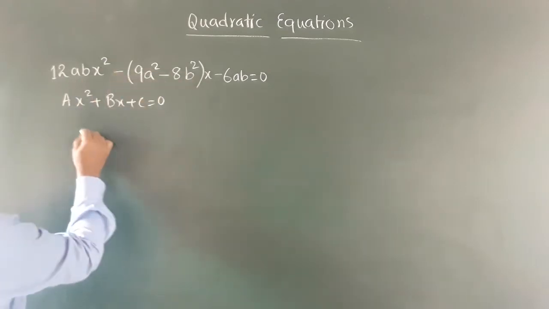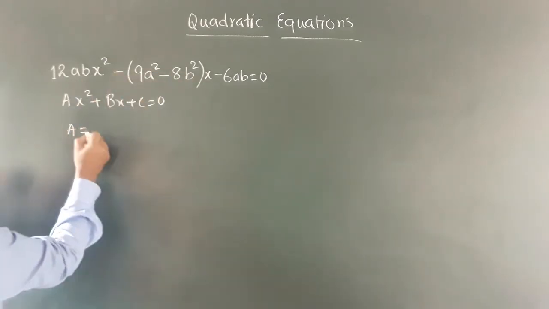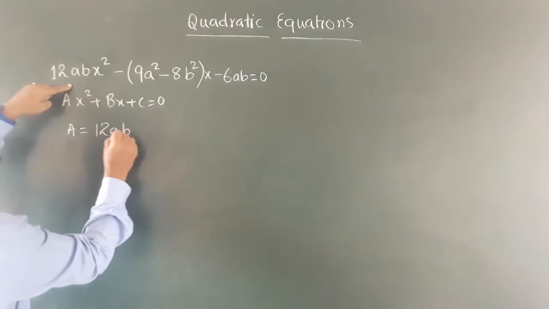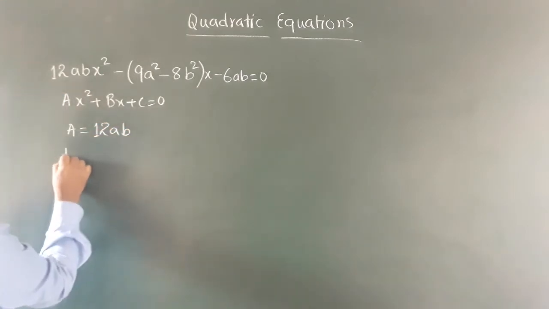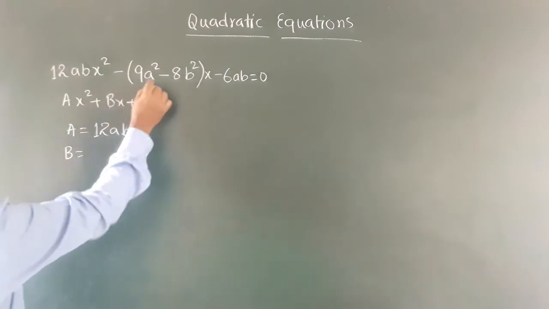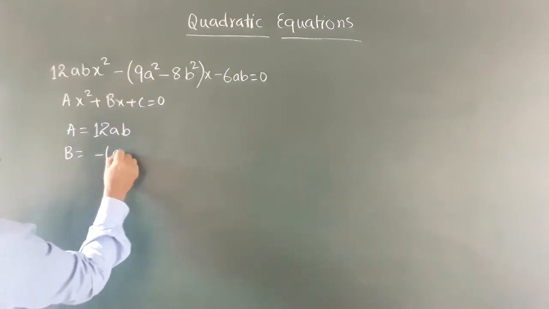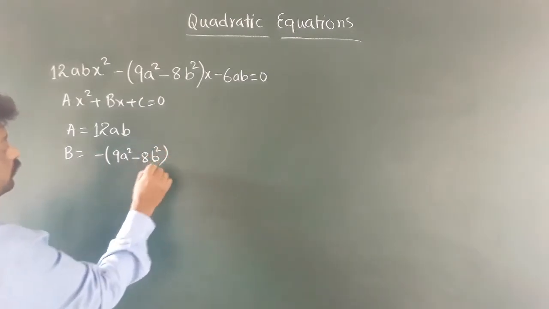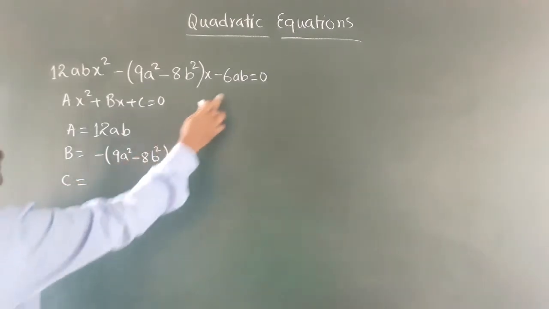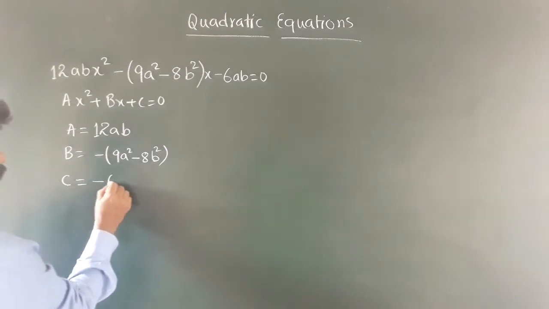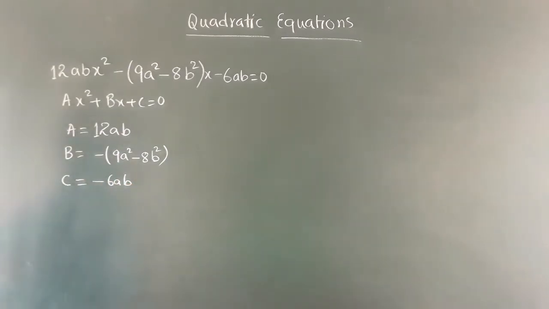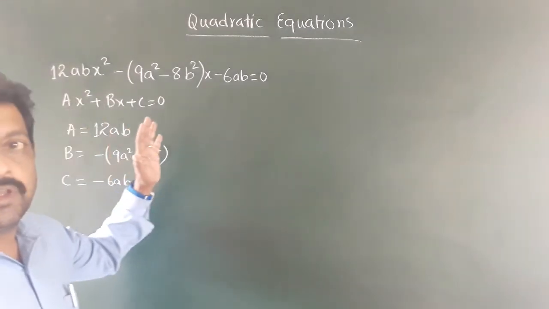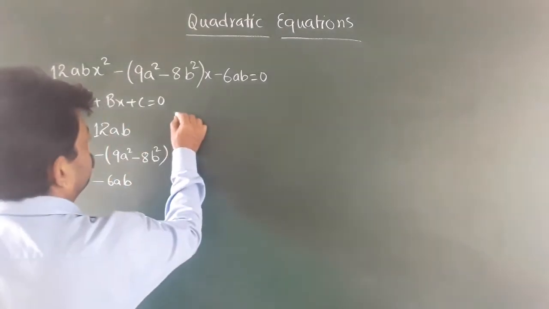Now by comparing this, we will get A equals to 12ab, B equals to minus, then inside the bracket 9a square minus 8b square, and C equals to minus 6ab. Now we have to substitute the values in the quadratic equation formula.